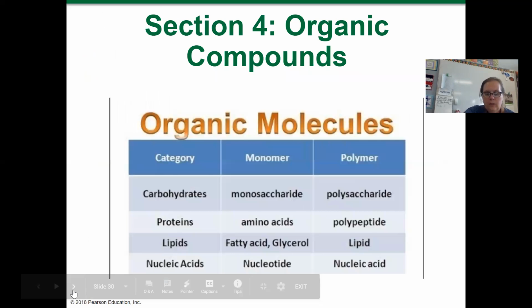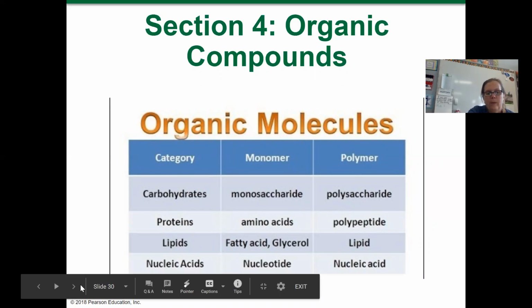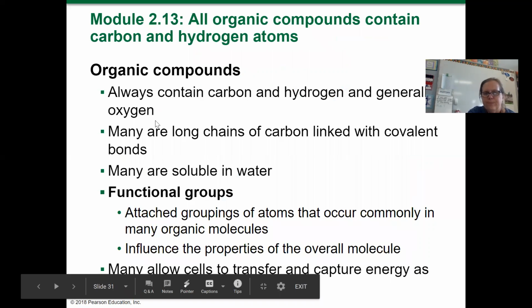The last section that we're going to talk about is the organic compounds. There are 4 main organic compounds: carbohydrates, proteins, lipids, and nucleic acids. The book goes through a little bit of the chemistry of those and then their importance in the human body. So we're just going to review all 4 of those.